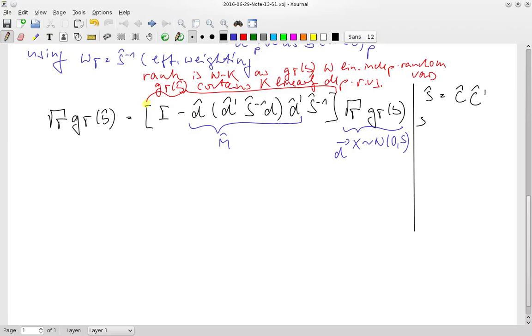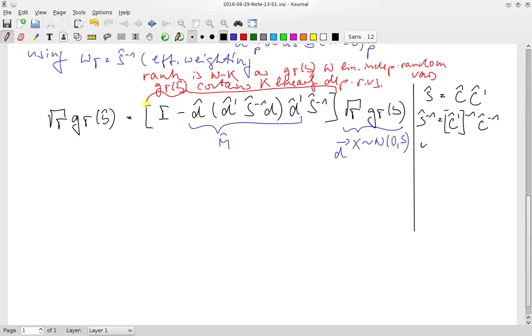What I can also do is take a look at the inverse of that estimate and represent it as a function of these C hats. Now it turns out that the inverse of the right hand side can be written like this. So we have C prime hat here. We take the inverse of it, and we have the inverse of C hat.